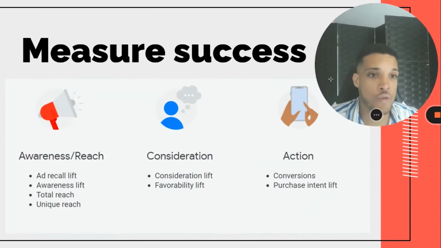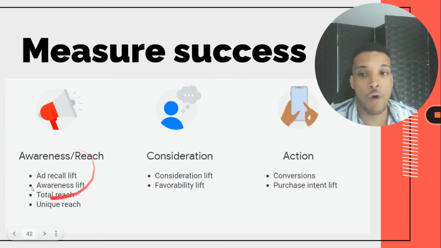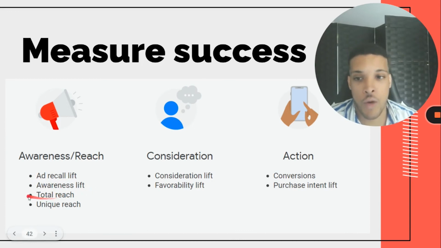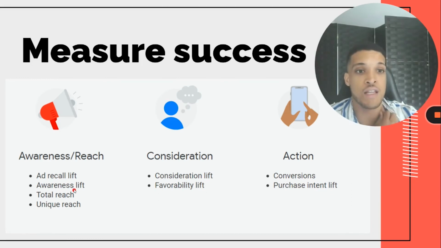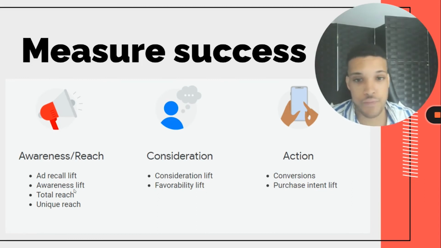And now you want to really measure success with video creative. For awareness campaigns, you want to look at ad recall and lift, total awareness, total reach, or unique reach. You want to reach as many people as possible and monitor if brand lift is actually being done. Consideration has different metrics, like consideration lift or favorability lift. And then action, which I talked about more, is purchases and purchase lift intent.